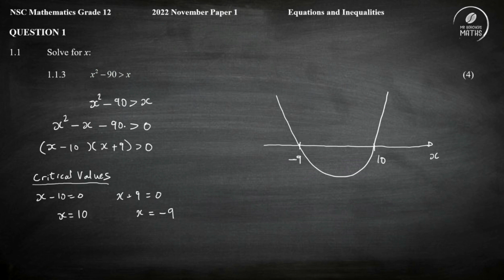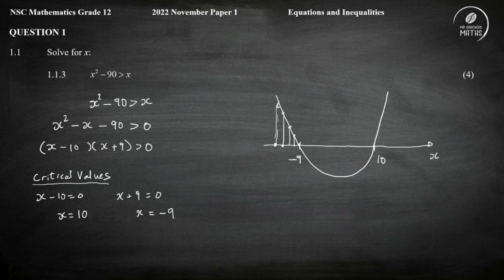Now, if we look back at our expression, we are interested in all of the x values which produce output values greater than 0. So all of our input values of x that map onto positive output values, where are they? Well, we see that input values that are less than negative 9 map onto positive output values.